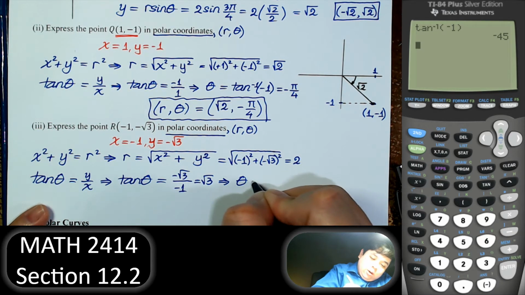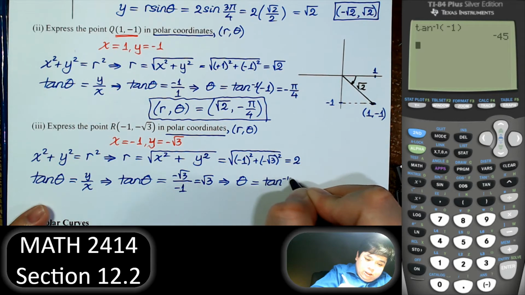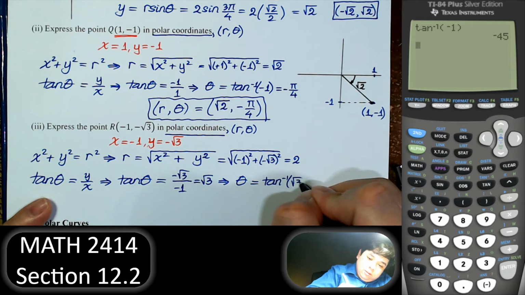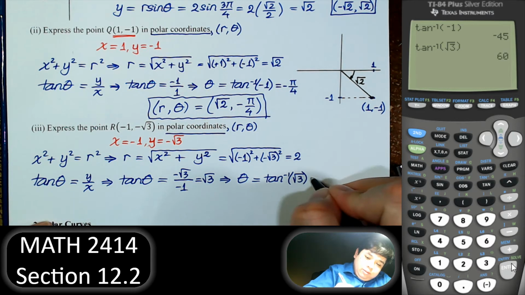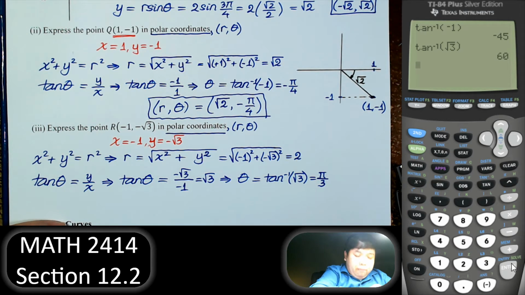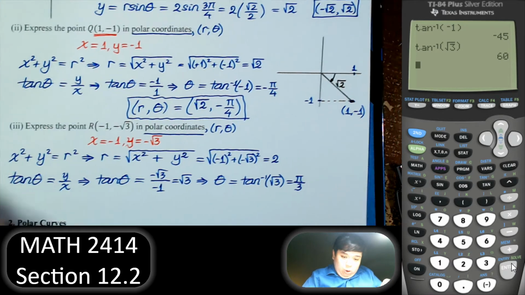So theta equals tangent inverse of square root of 3, which is 60 degrees, or pi over 3. Right. So we always need to check the quadrant.